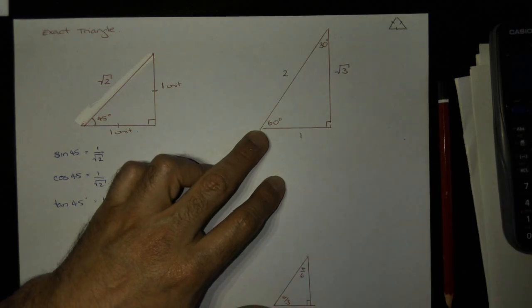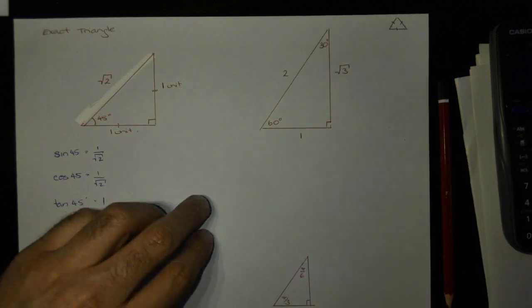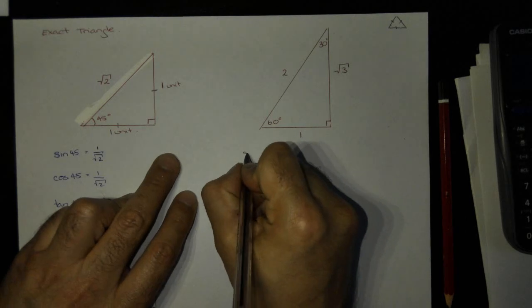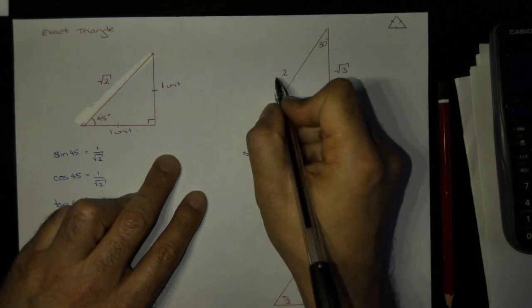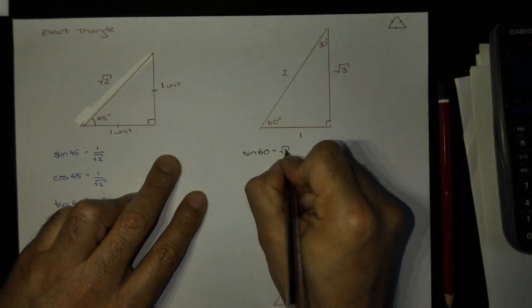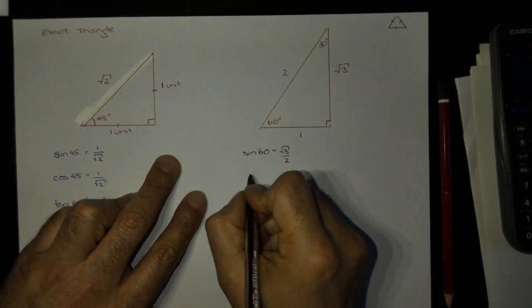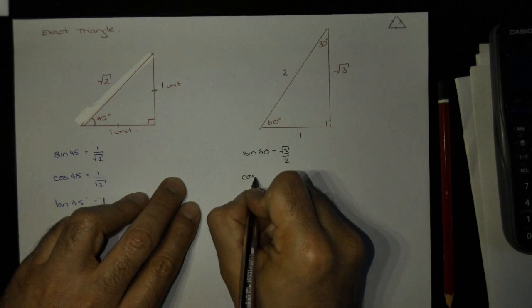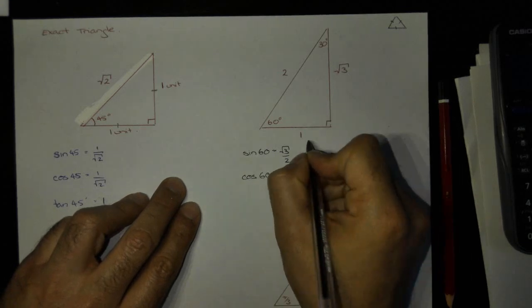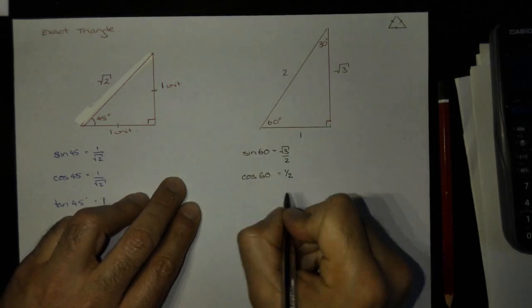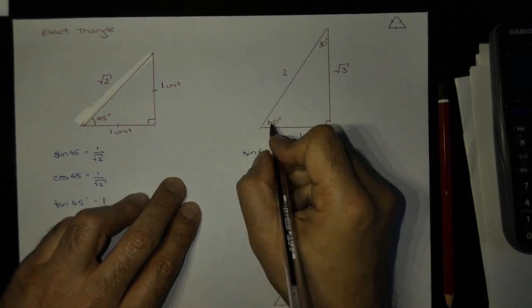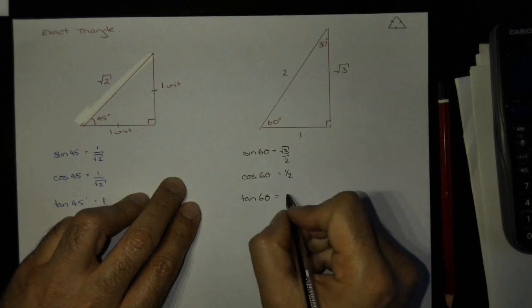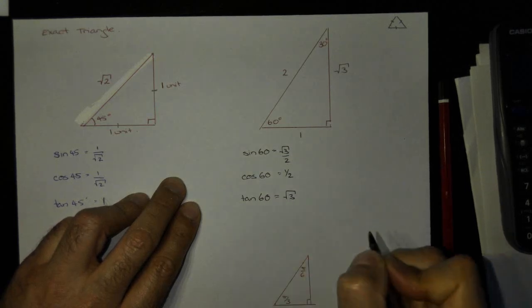So if we do sine 60, that's opposite over hypotenuse, so that's square root 3 over 2. We get cos 60, which is adjacent over hypotenuse, which is a half. And we get tan 60, which is opposite over adjacent, which is square root 3.